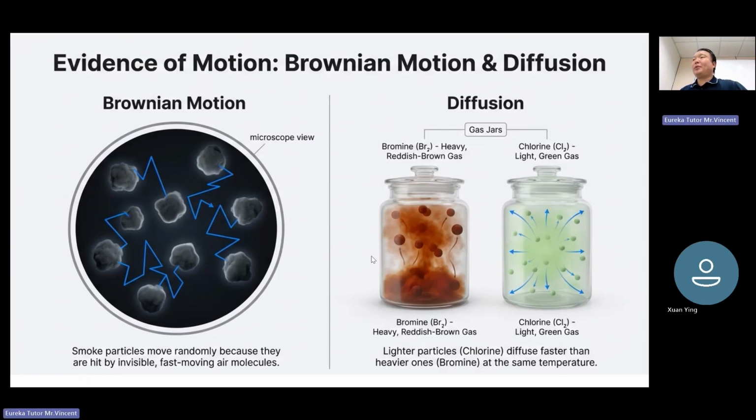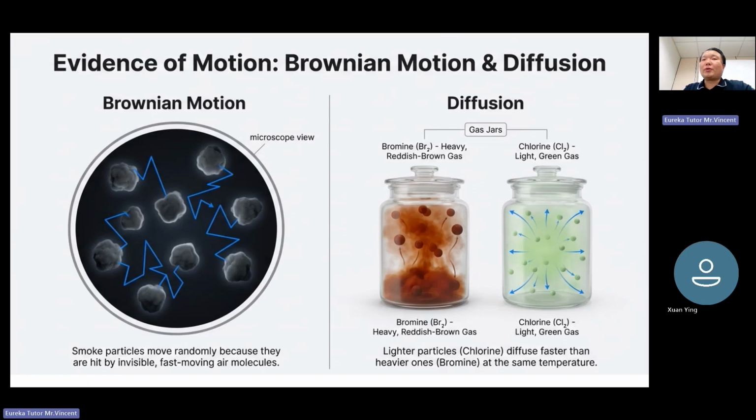On the right, you can see diffusion shown using bromine and chlorine gas. Chlorine diffuses faster because it is lighter. You can see in the gas jars we have the heavy reddish-brown gas, and chlorine, which is lighter, is the green gas, easy to see.